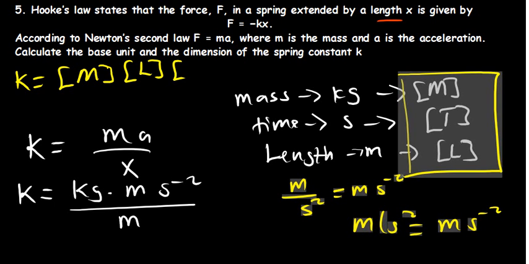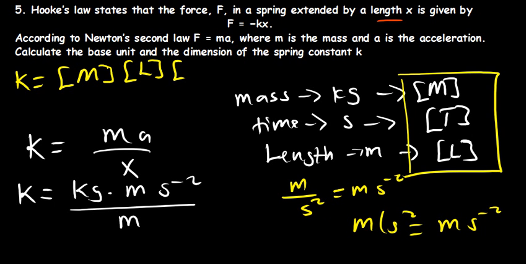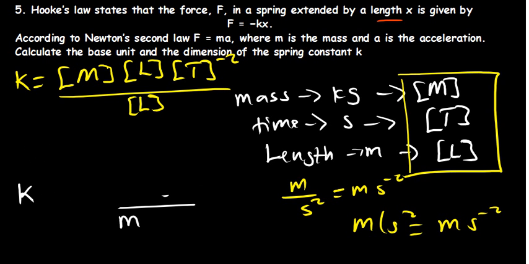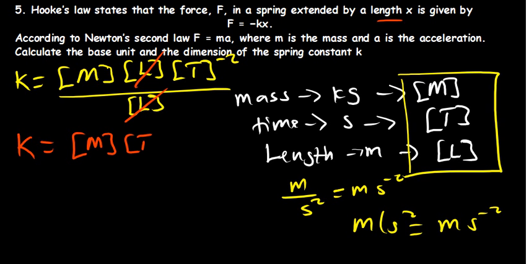So I'm going to put here my T. Down here I've got length, and on top here I've got L, down here I've got also L. I'm going to cancel this. So k will be equal to M and T squared, with the power negative 2. These are the dimensions of k.